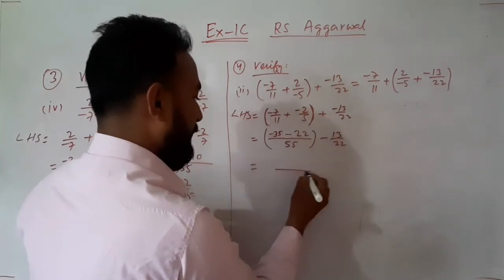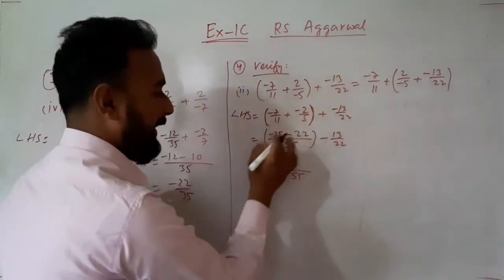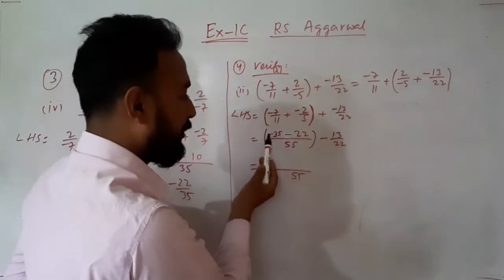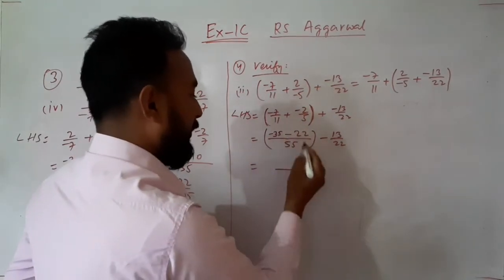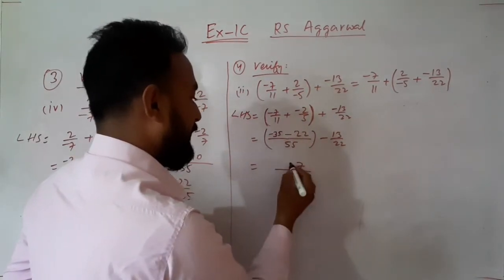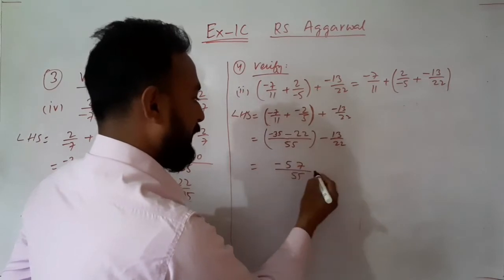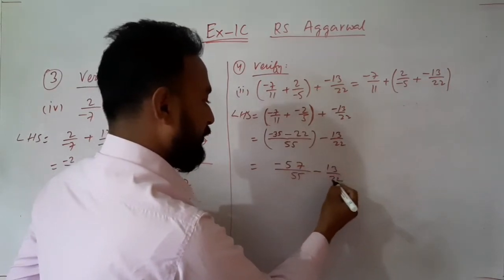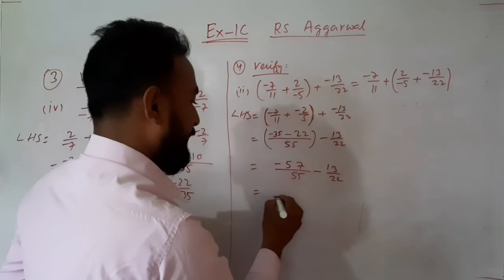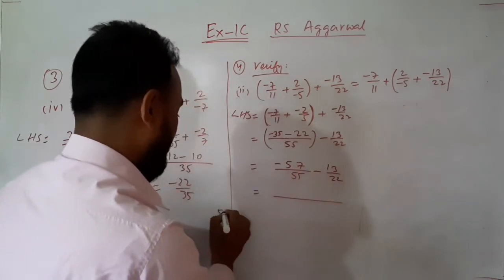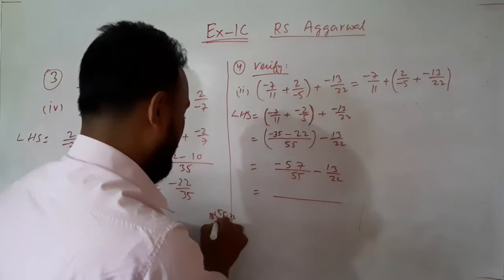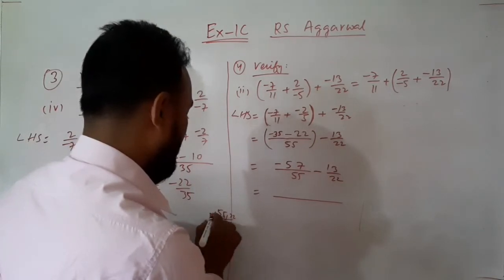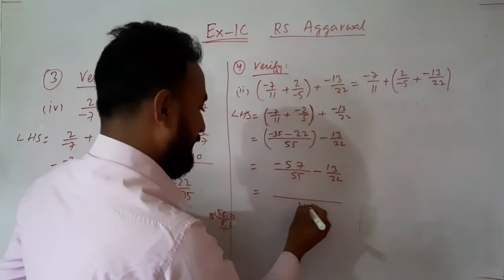So here you have 55, and let's add this, because whenever you have two or more numbers in minus sign, you have to add and put the negative sign before the number. 5 2 plus 2 7, and 3 plus 2 5, minus 57 minus 13 by 22. So the LCM of 55 and 22, see 55 and 22, 11 5s and 11 2s, 2 5s are 10, 110.